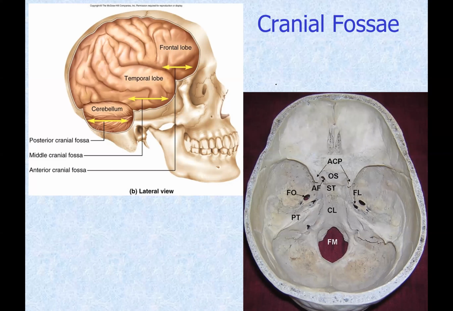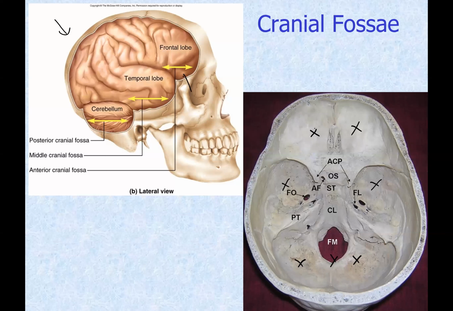So if you look at the cranial cavity, the base of the cranial cavity, you get the anterior cranial fossa here, the middle cranial fossa there, and the posterior cranial fossa in this area. In this view, the lateral side of the skull has been removed for you to see the different cranial fossae.